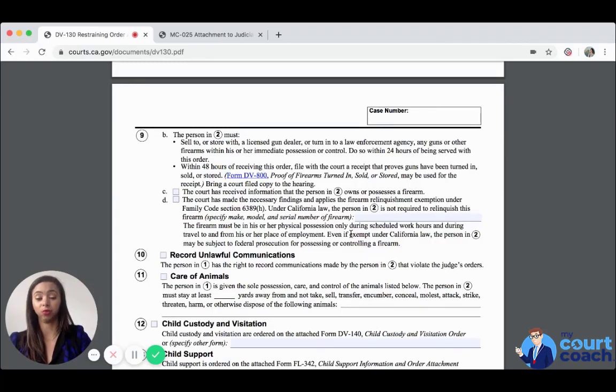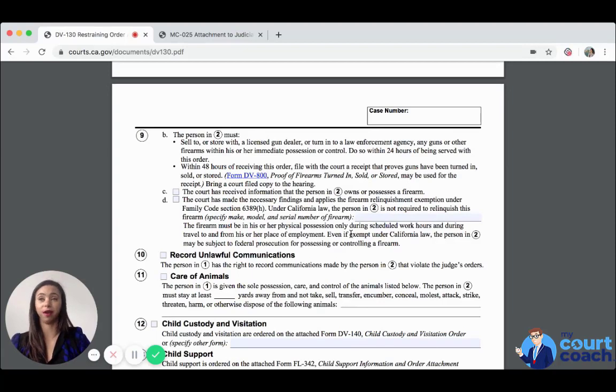Now, you should have already showed a receipt of relinquishing the firearms to a gun dealer or law enforcement. And if you haven't, because there was some sort of exception, and now the court is telling you that exception no longer exists for you, and we're going to have you relinquish your firearms within 24 hours, then you must do so.